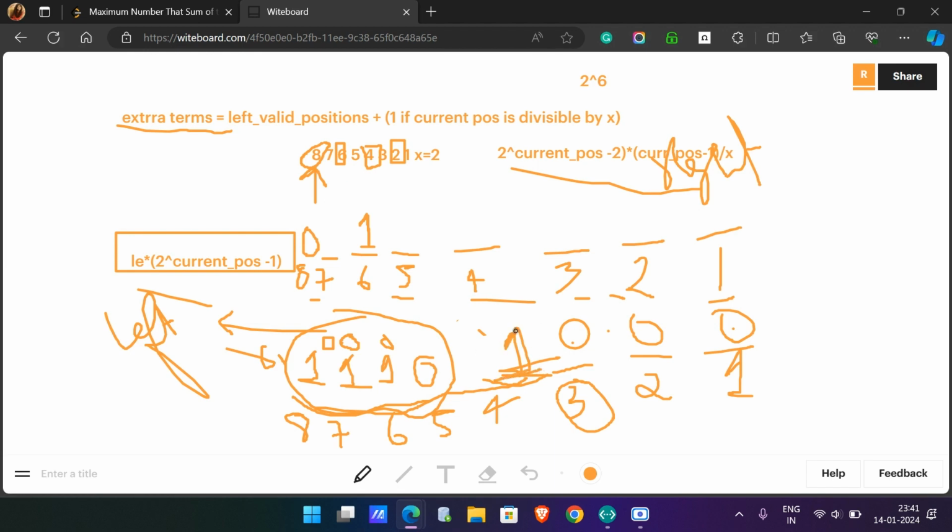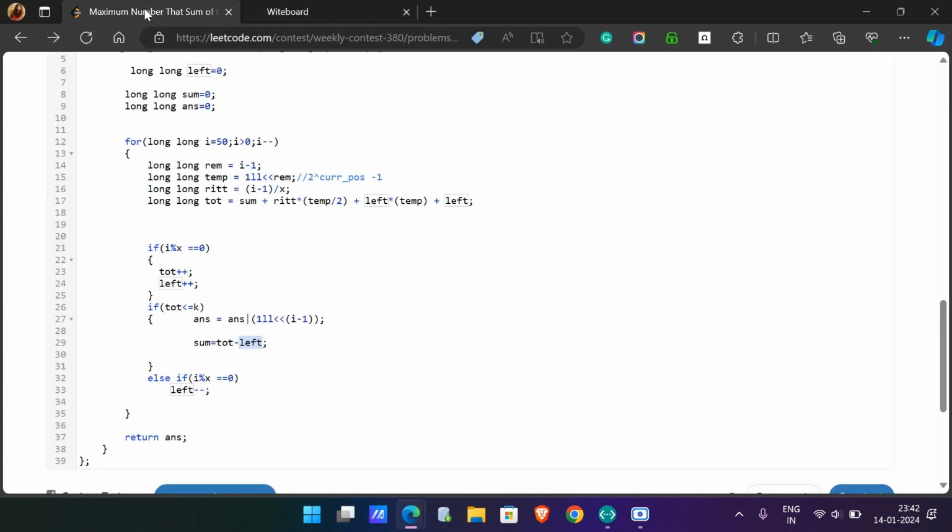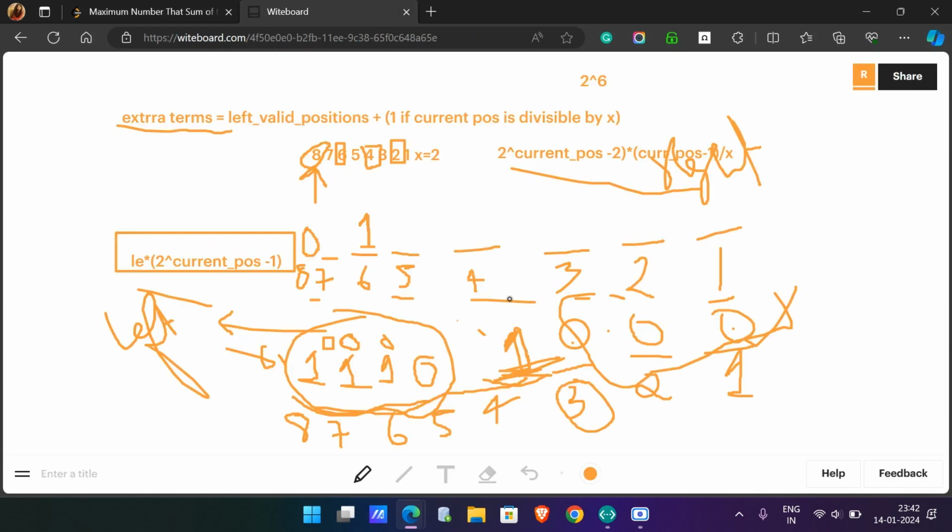What are the conditions to put one? It should be able to accept the lowest term. But I don't know what numbers I'll be putting over here. So that's why I'm reducing those extra terms from that. I'm just considering the case 0 over here and I'm fixing 1 over here.